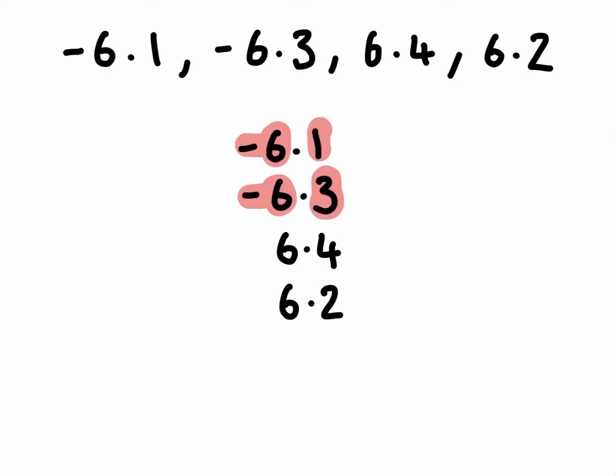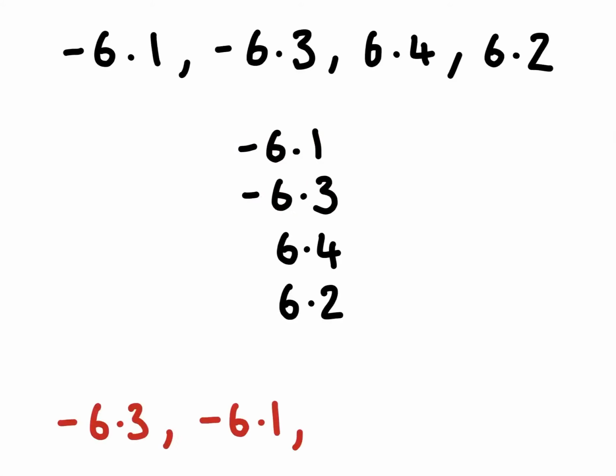Because we're in the negative part of the spectrum, the 3 being larger than 1 means that we have a greater negative number, which means that it's smaller: minus 6.3 compared to minus 6.1. So we know the smallest number here is minus 6.3, then minus 6.1.